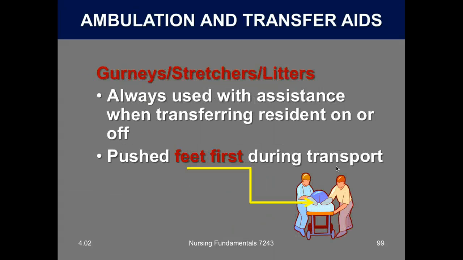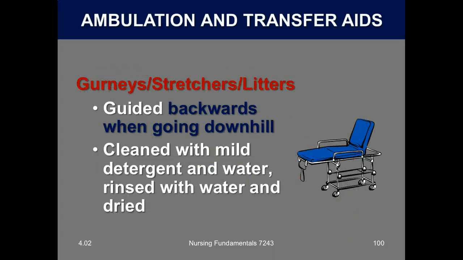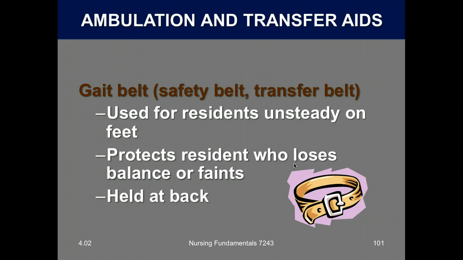Always use assistance when transferring a resident on or off, and the feet go first during transport, so you push feet first. And of course, guided backwards when going downhill, because you don't want the person to slide out. They're cleaned with mild detergent and water, rinsed with water, and dried.